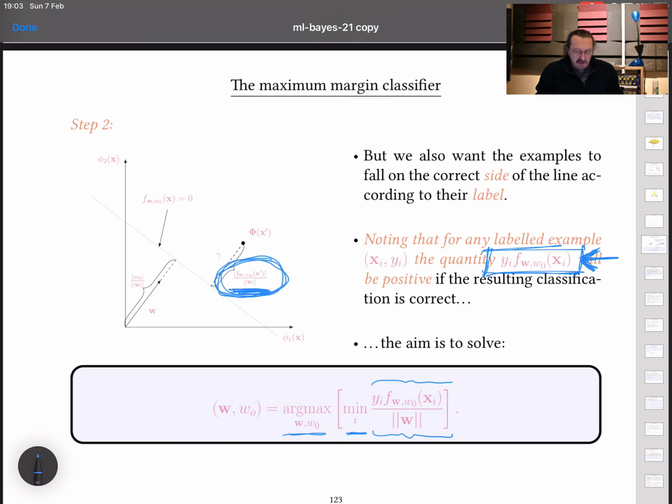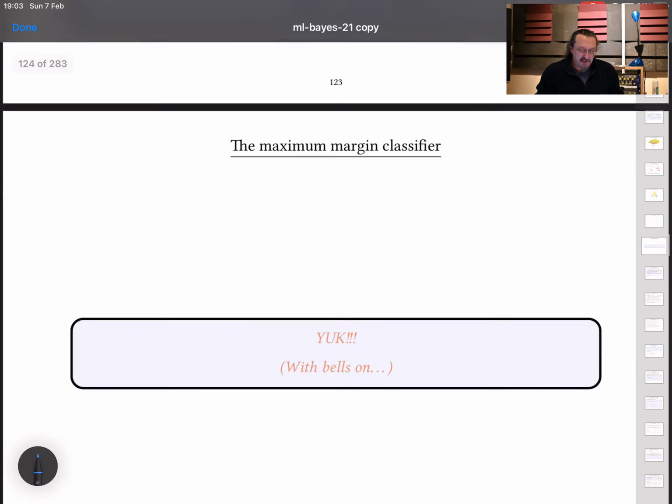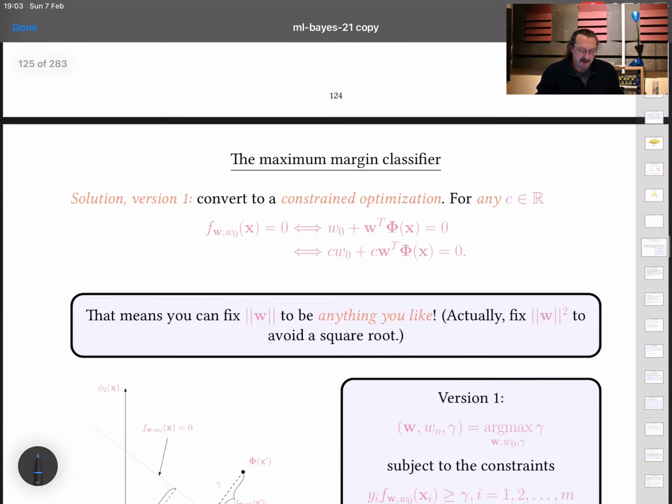We are having to take a minimum over this finite collection of training examples, and then when trying to do a maximization problem in a kind of continuous way with respect to that. So this is the obvious way of formulating the problem, but unfortunately, for any practical purposes, it's a bit of a non-starter. So we need to look at this in a slightly more subtle manner.